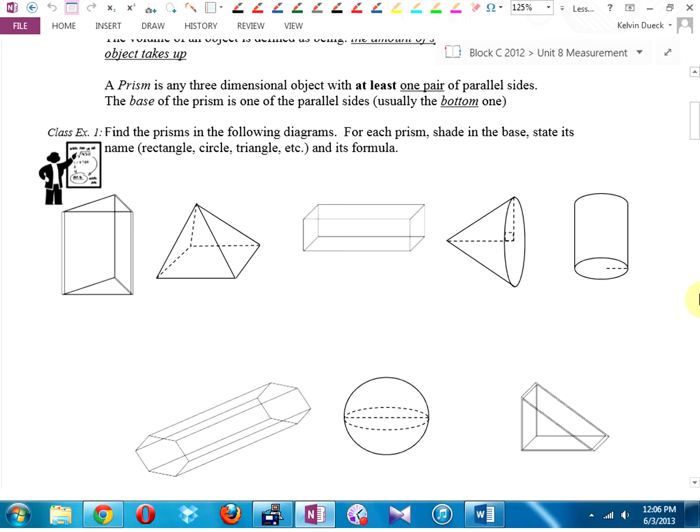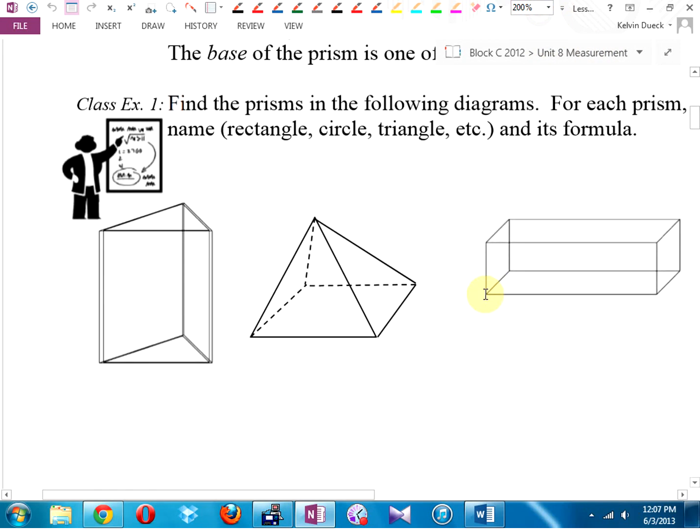The first shape, prism or not? Does it have a set of parallel sides? Yeah, which ones? Top and bottom. This would be a triangular prism where that and that are parallel.